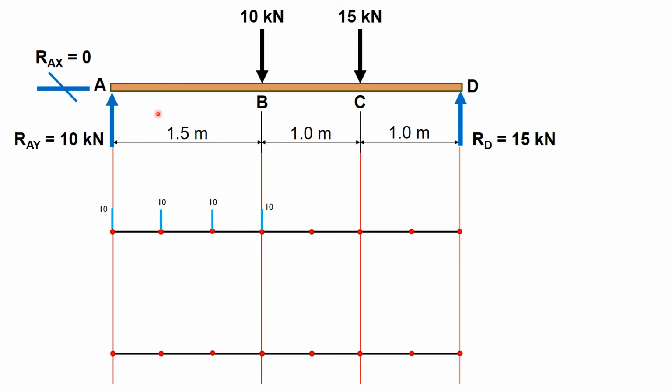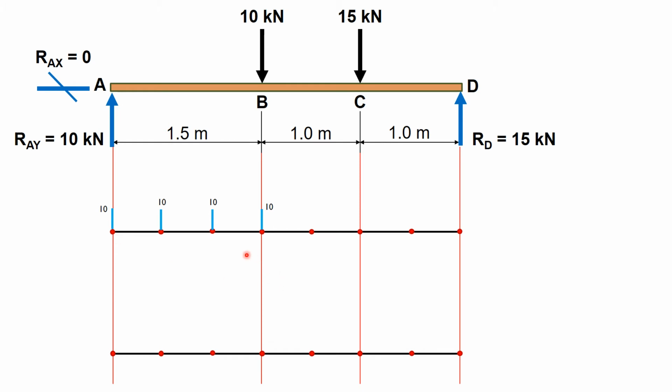Yung BA at saka yung BC. Kaya yung value ng 10 dito na nakaplot using the shear equation for AB, this is considered as the shear value to the left of B. Kasi kasama ito doon sa segment na nasa left side ng B.